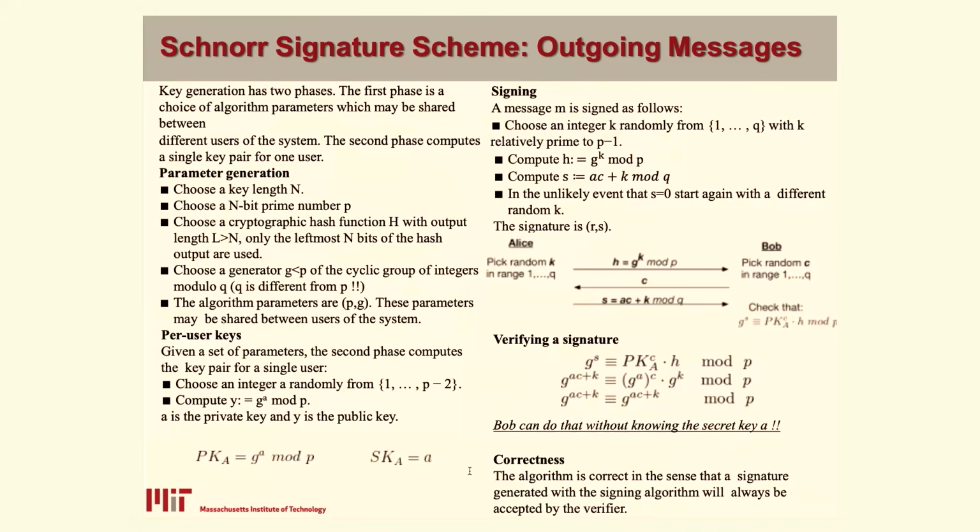So this signature scheme will always be accepted by the receiver of the message. In this case, Alice is sending it to Bob, and Bob knows it must be Alice, because only Alice could have encrypted things in such a way as to send it back to him that would have made this equation hold.